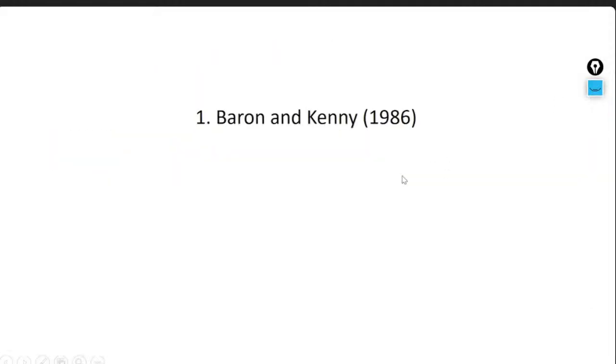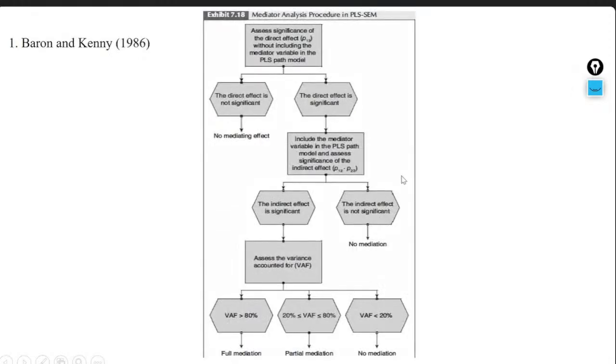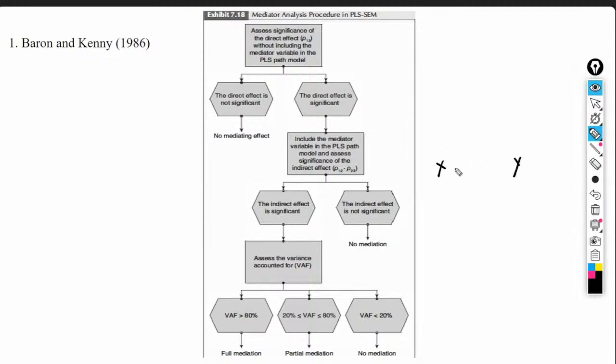In the Baron and Kenny approach, Baron and Kenny said there are two variables, X and Y. Is it clear? So Baron and Kenny said that without the mediating variable, first of all, we will check whether the direct relationship between X and Y is significant or not.